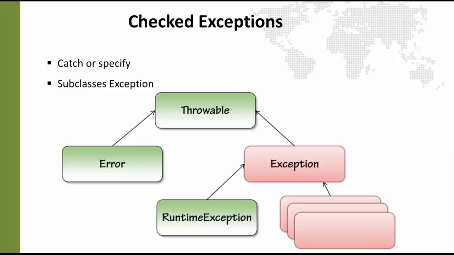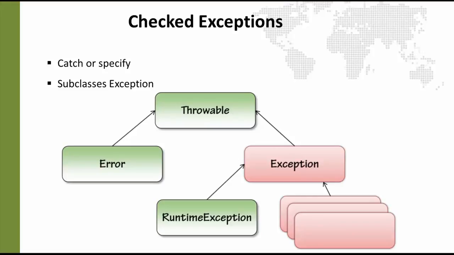But anything that inherits from RuntimeException is not checked. So all of the red area on this diagram are checked exceptions, and that means that you must either catch them or specify that your method is going to throw that exception type.